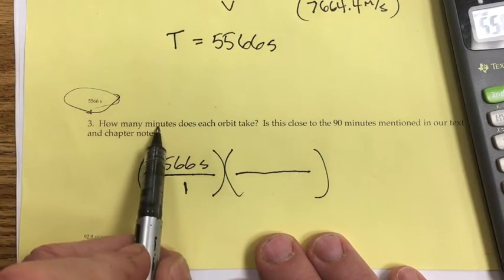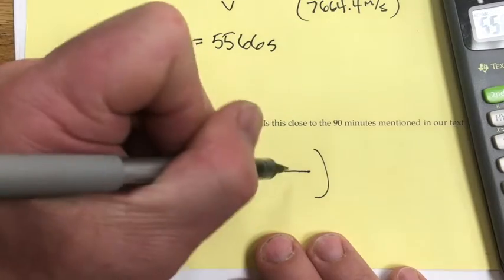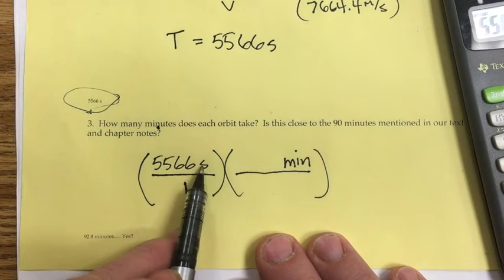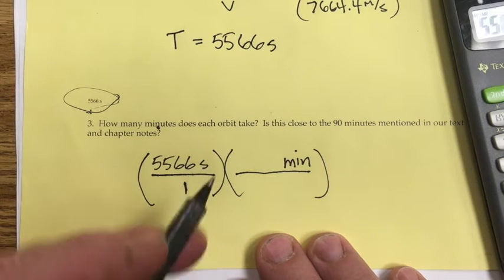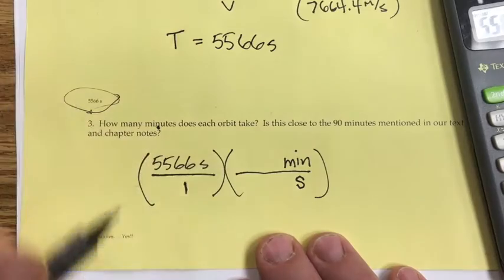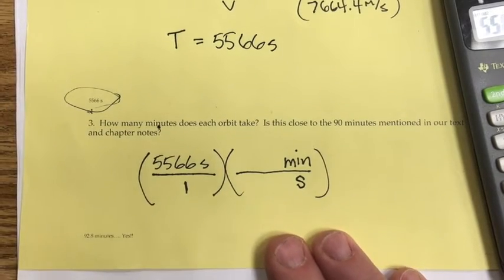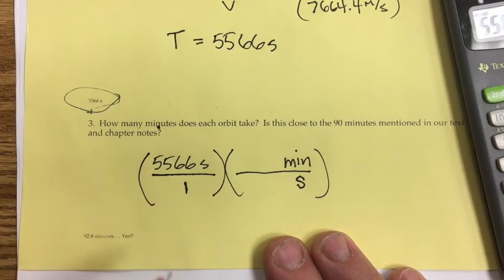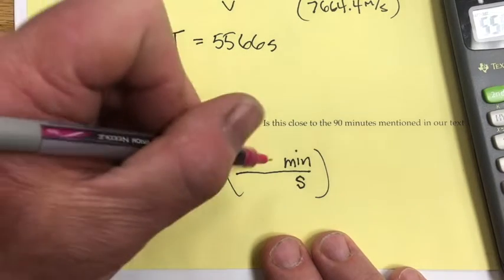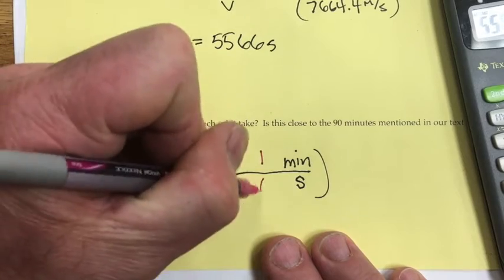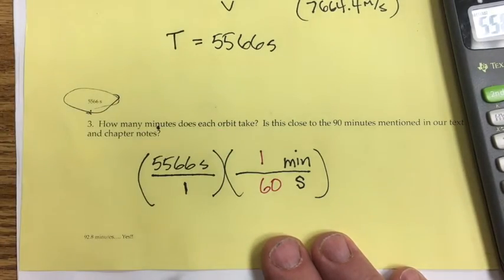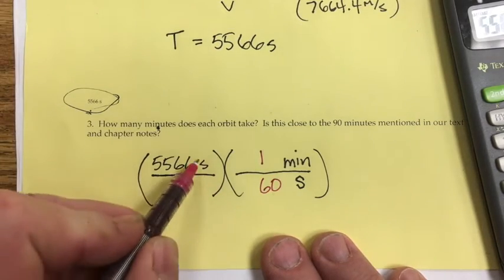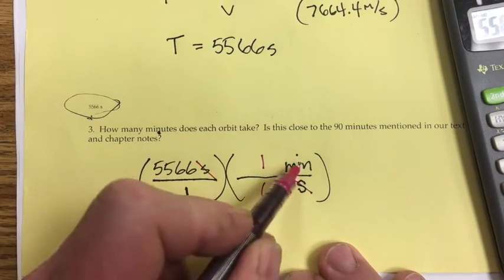Keeping in mind that I want my answer to come out in minutes, that means I need minutes on top, and I want the seconds to go away, so I need to put seconds on the bottom, because then these seconds will cancel. So what is the relationship? Well, of course, 1 minute is 60 seconds. So having done this conversion, I see my units are going to cancel, leaving minutes.